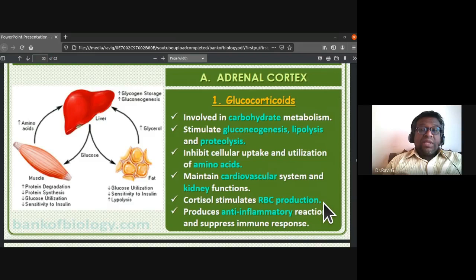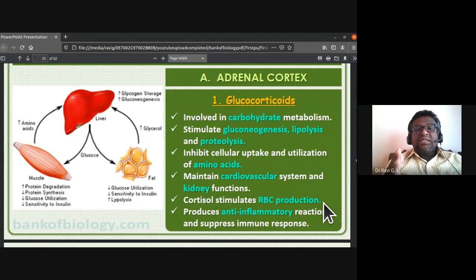Also lipolysis: lipo means lipids, lysis means breakdown, so breakdown of lipids. And proteolysis, that is breakdown of proteins. So they stimulate gluconeogenesis, lipolysis, and proteolysis.